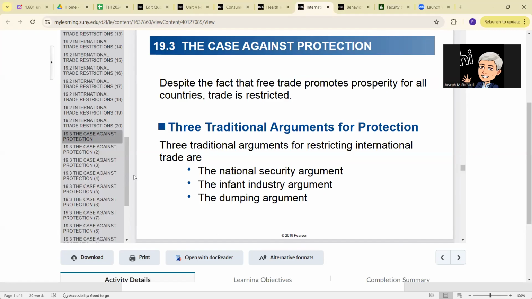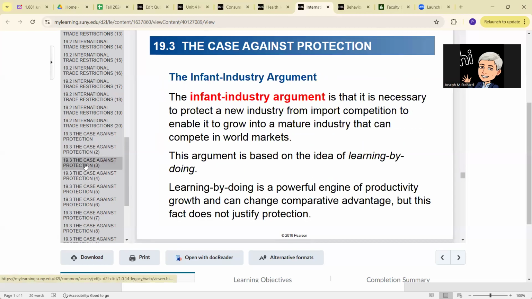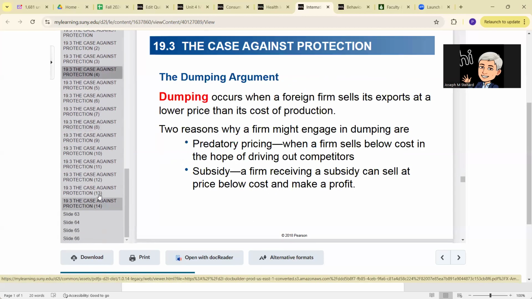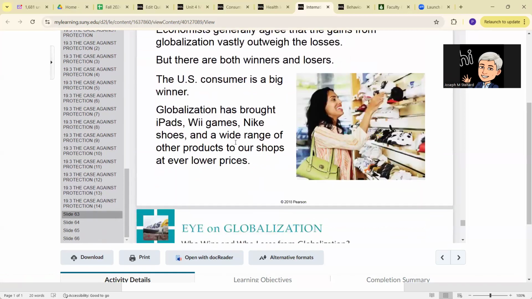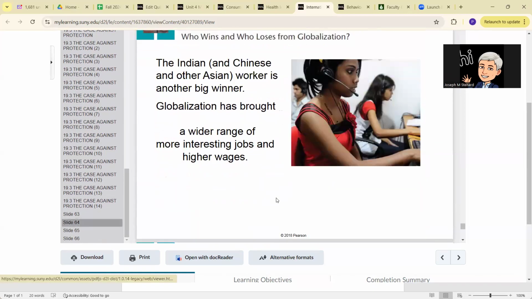And so the arguments in favor of protection are here, and the arguments against those very three things are all spelled out in these slides. I assume you've done it, so let's get right into globalization here.